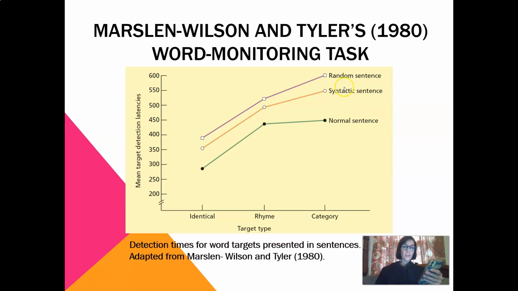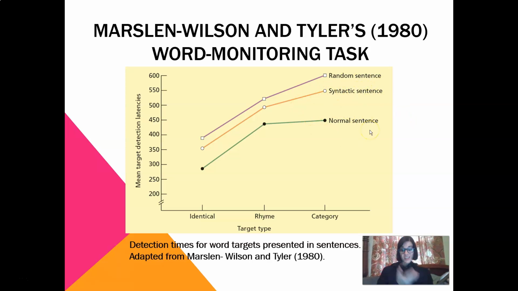So what you're looking at here, one was called a syntactic prose sentence. Basically, all of the content words from a normal sentence were replaced with new words of the same type of form and frequency. So the resulting sentence had a syntactic structure, but it actually had no meaning.